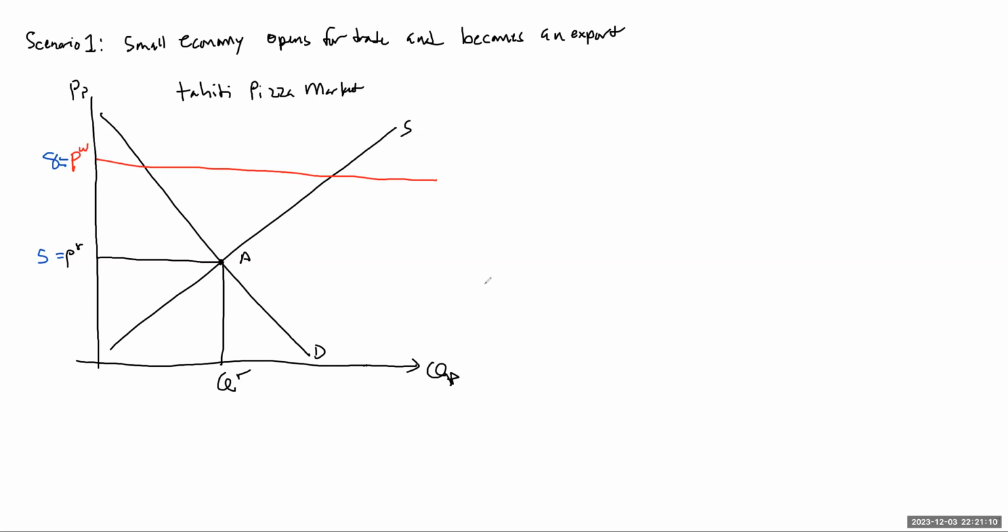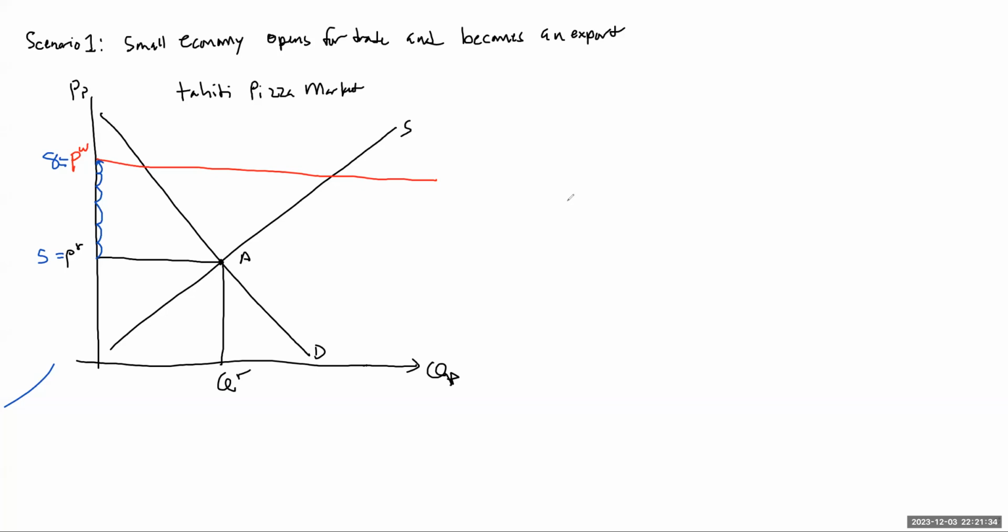So what has to happen to the price of pizza in Tahiti for pizza to be sold there? What has to happen is that the domestic price for pizza has to creep up to $8. Okay?